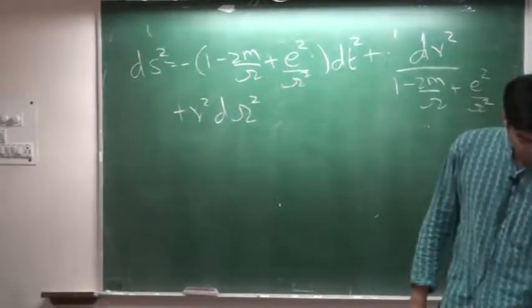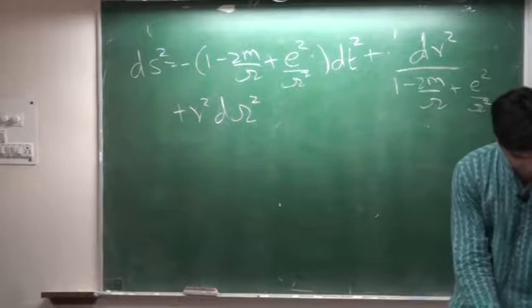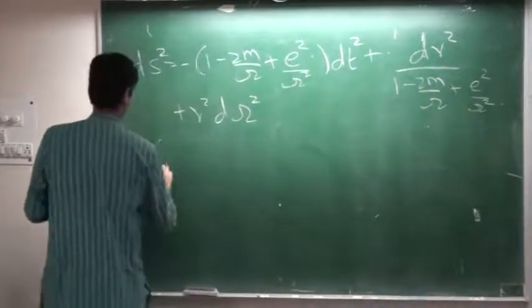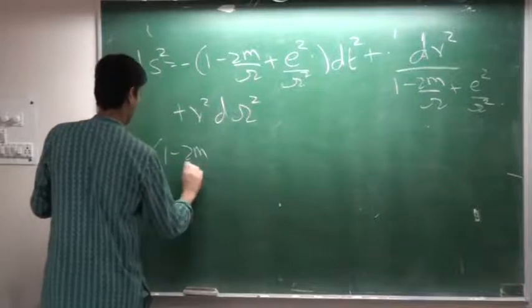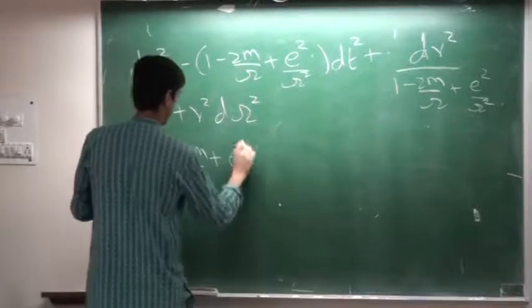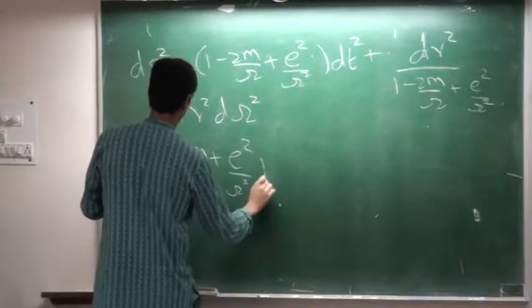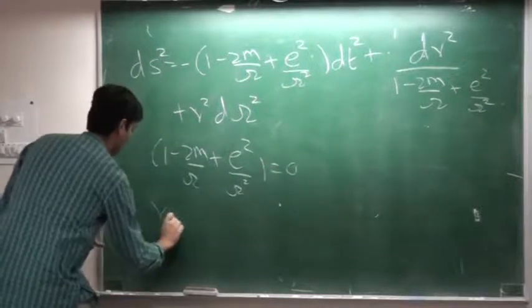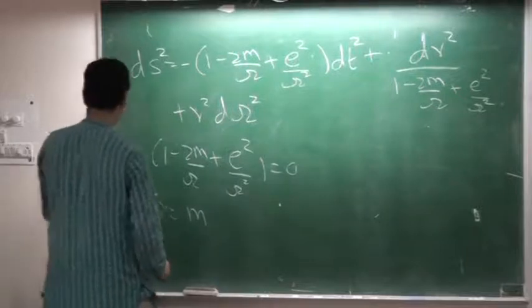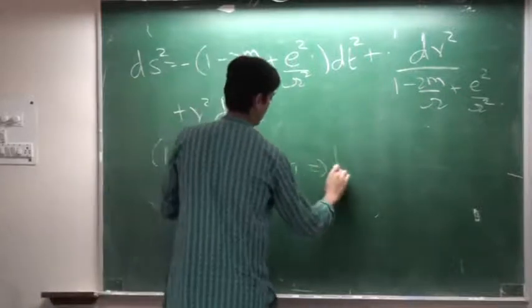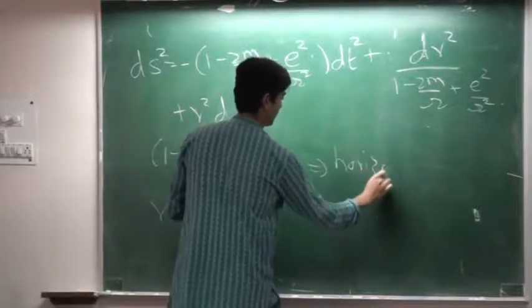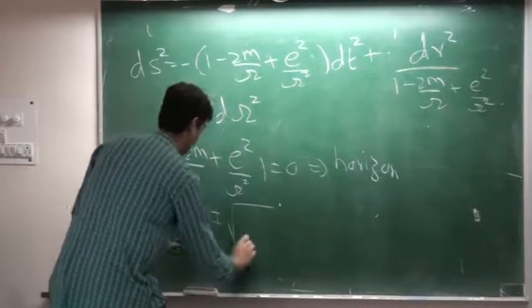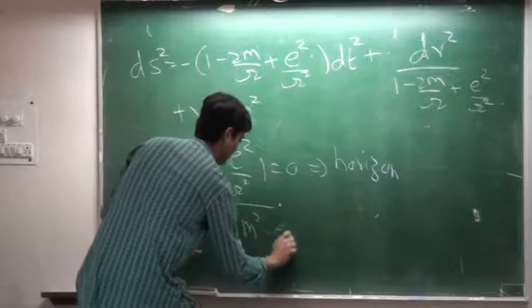This solution also has horizons. These horizons occur when the metric function vanishes, and this has solutions which are r equal to m plus or minus the square root of m squared minus e squared.